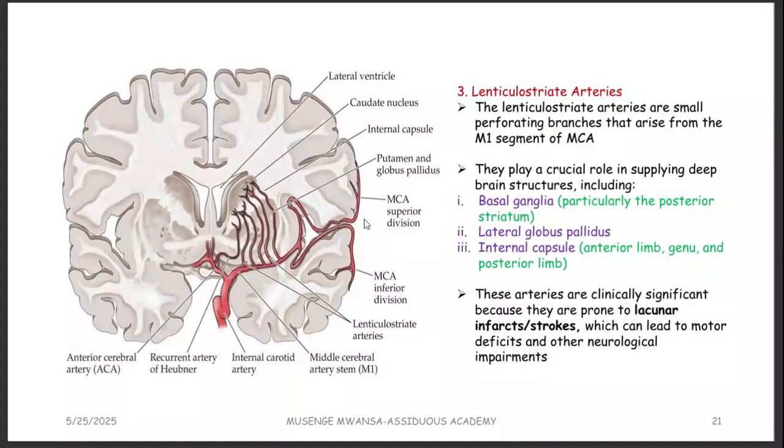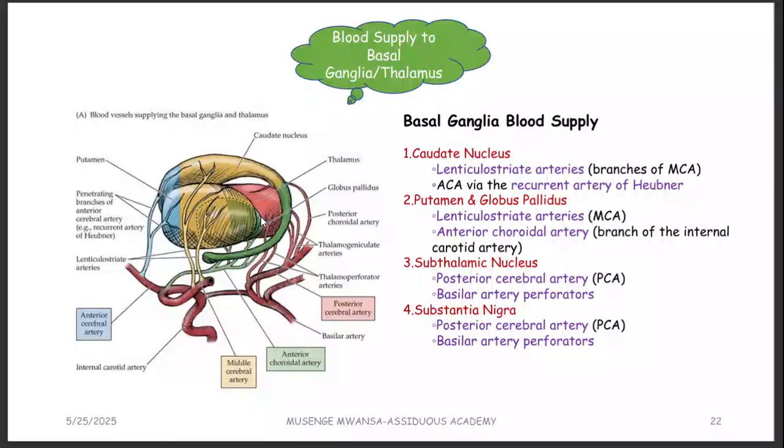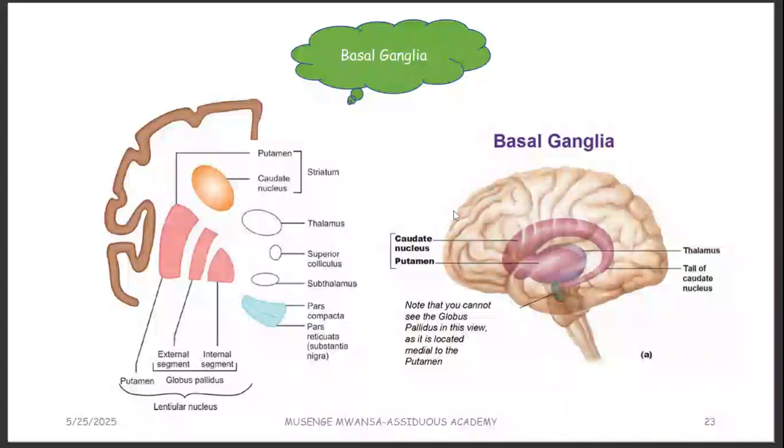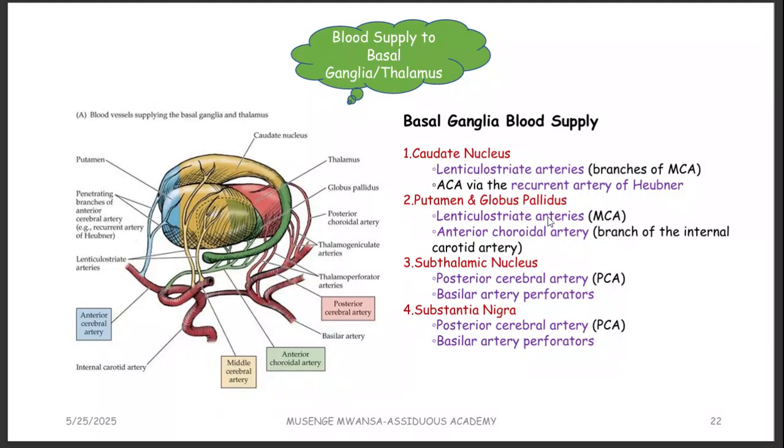So the caudate will be supplied by both. And then the putamen and globus pallidus, these three structures here, will be supplied by the reticulostriate and also the anterior choroidal.